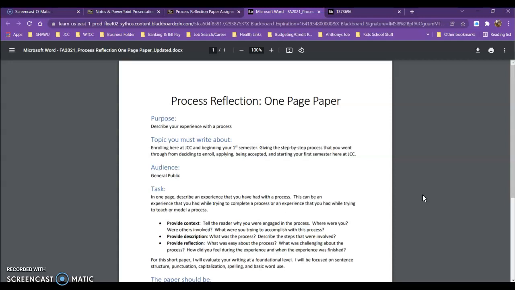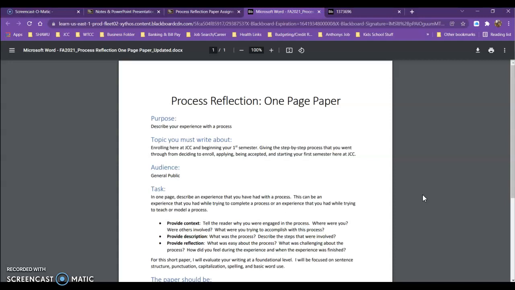The topic you're going to be writing about is your process with enrolling here at JCC and beginning this first semester, or whether it's your second semester. So whatever semester you may be in, taking this English 111 course. You're going to give a step-by-step process and discuss what you actually went through from deciding to enroll, applying, being accepted, and then of course starting your first semester here at JCC.